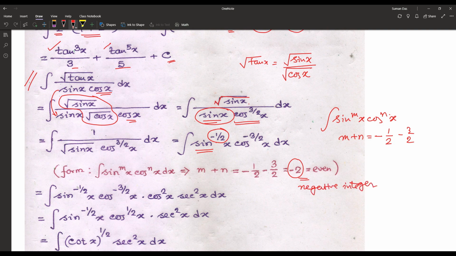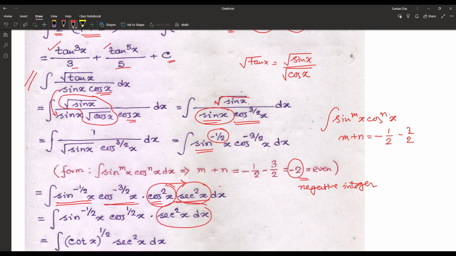So we can use the same type of form we have just done previously. Here sin to the power minus half x, cos to the power minus 3 by 2 x, and we are writing cos square x into sin square x, which gives us the result as 1. That is an extra for the substitution part. So sec square x dx we are keeping intact.